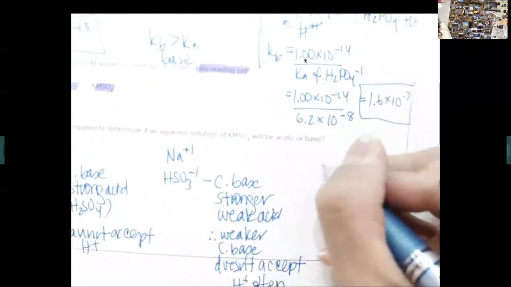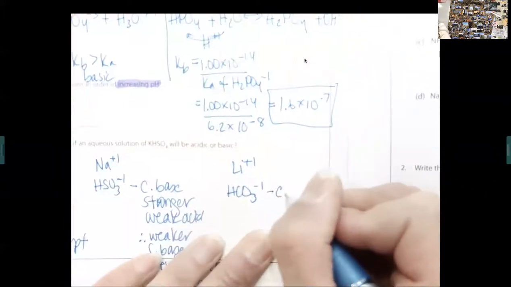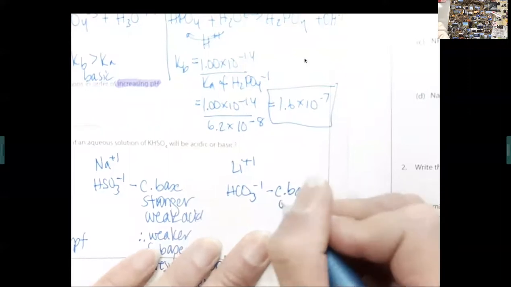Okay, then if I look at Li+1 and HCO3 -1, this is the conjugate base of the weakest weak acid.